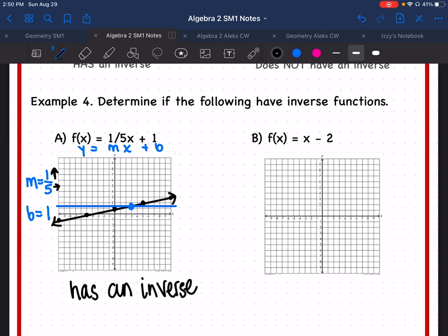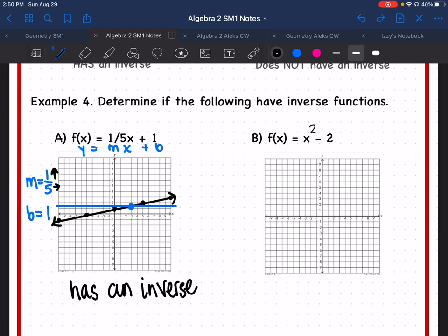All right, let's take a look at the second one. Oh, it's missing something. It should have a square right here, x squared minus 2. Now remember, x squared minus 2, the minus 2 is going to move my vertex from the parent at 0 down 2, and then it's just going to look something like this. It doesn't have to be perfect.